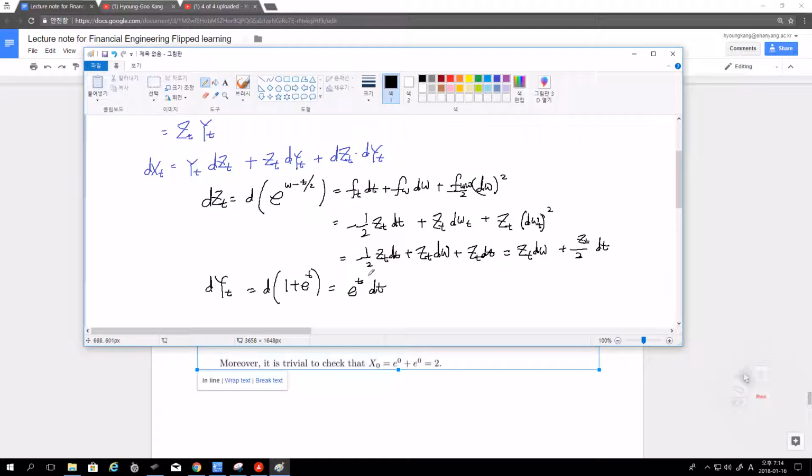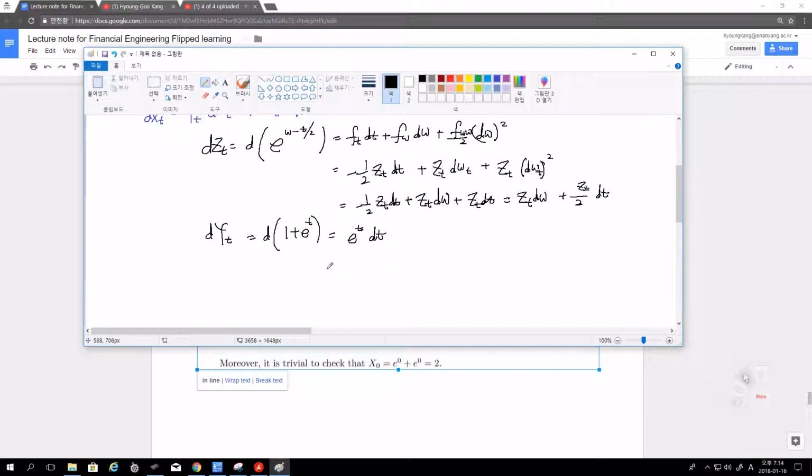And then the dy is simply, if we multiply, now we can multiply this one and this one, but this is basically 0 because the dt square term is 0, and then dt dw is 0, right? So it is 0.